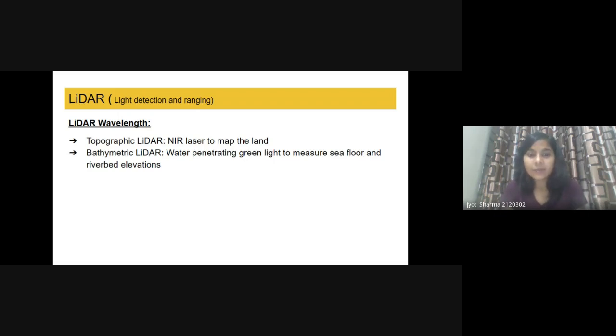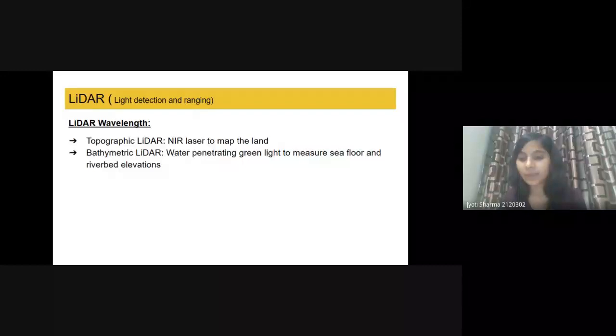But here with the green light and with the lidar, you can also give the information of a seafloor map, whether there is a trench, whether there is a hill or mountain, or there is a canyon. Such kind of information can be provided by the lidar.